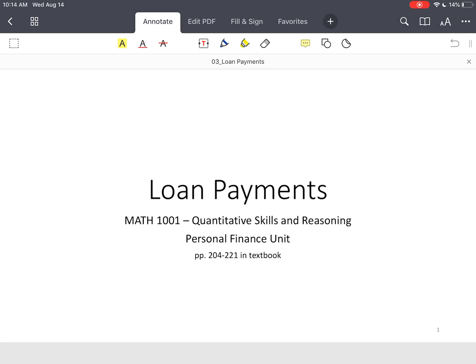Anytime you're using credit and you want to borrow money, you want to get a big picture of what it's going to actually cost you. This lesson is probably one of the most practical lessons that you'll apply, particularly in this personal finance unit. So let's jump into this.